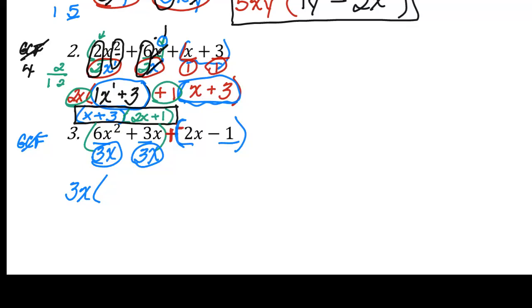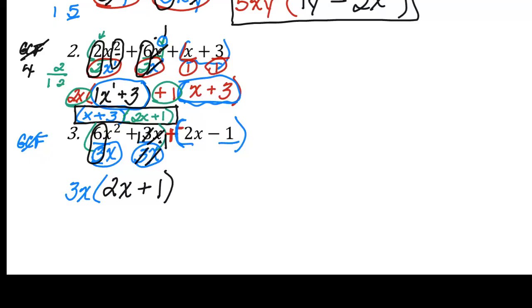And when I divide, 6 divided by 3 is 2. X squared divided by x, I have 1x left, plus 3x divided by 3x. 3 simplifies out to give 1, times x divided by x, that simplifies out also to give 1, so it's 2x plus 1.